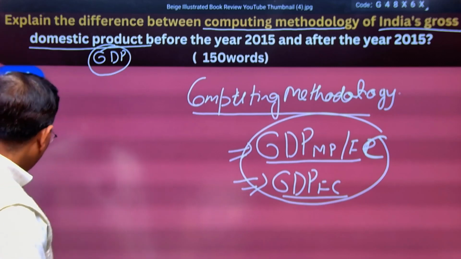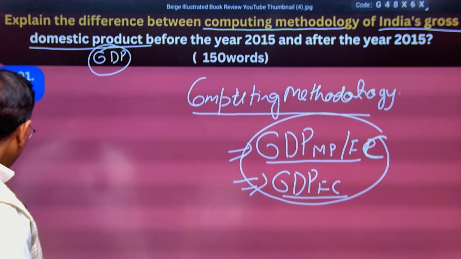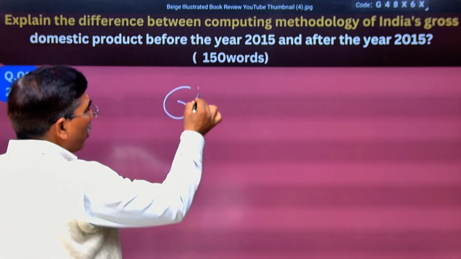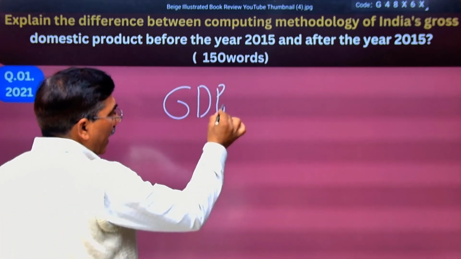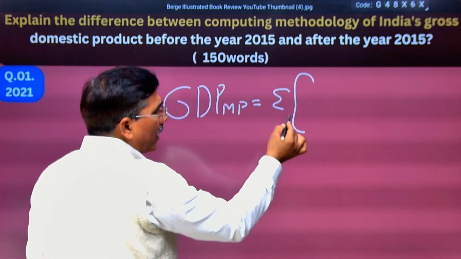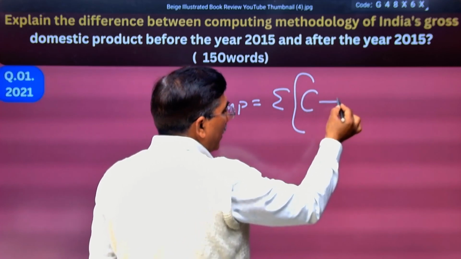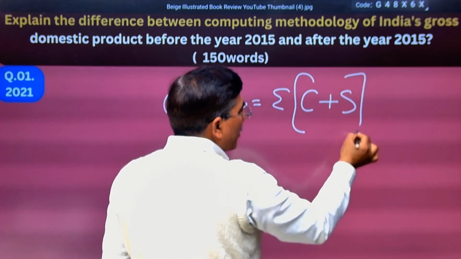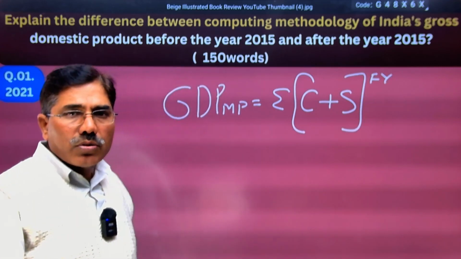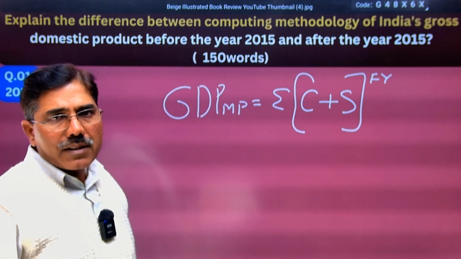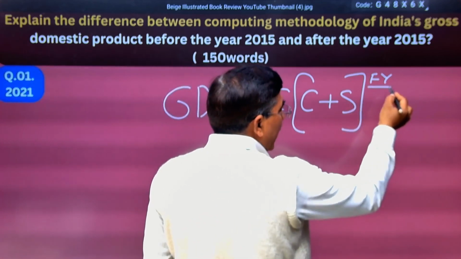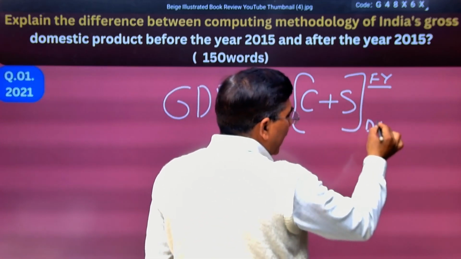First, the issue of GDP. Gross domestic product at market price is the sum of all final goods or commodities and services produced during a financial year, say 1st April to 31st March of the year, within the domestic territory of a country.